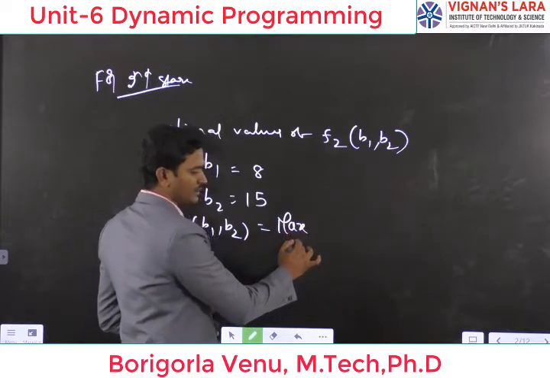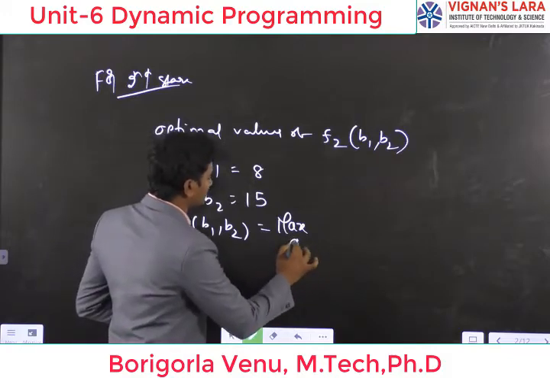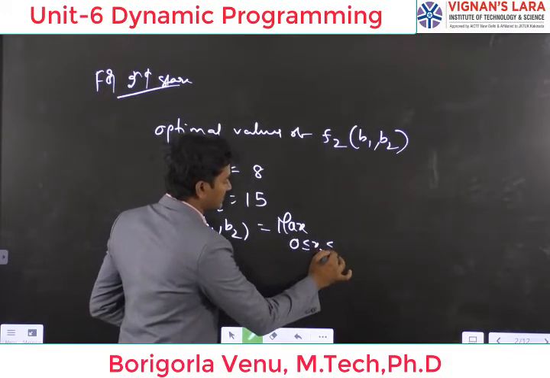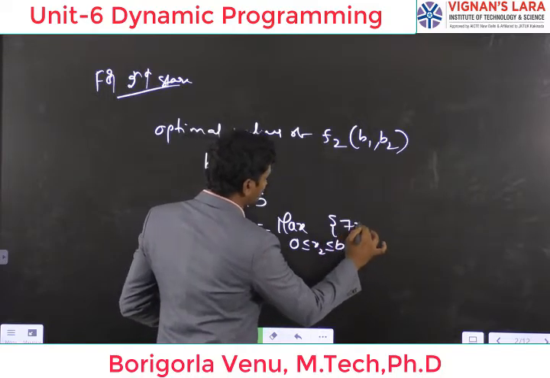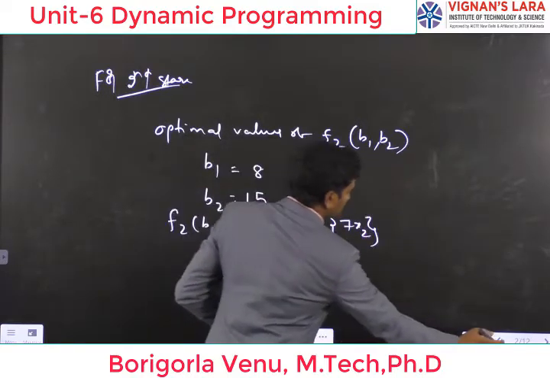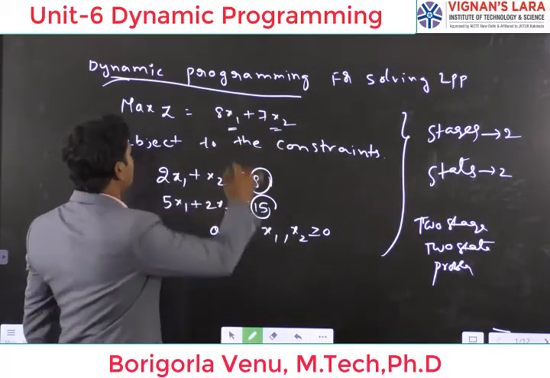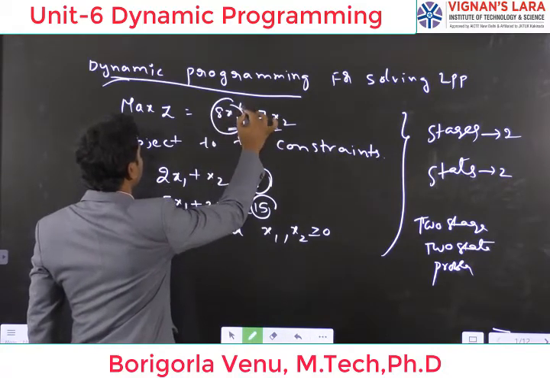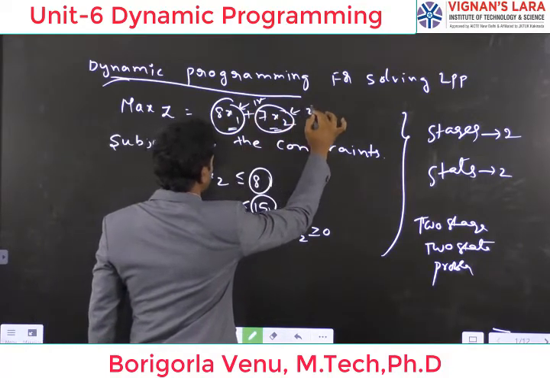Maximize, here we have taken for the x2 case, 0 less than or equal to x2 less than or equal to b, and 7x2. Why have we taken 7x2? In our problem we have 8x1 plus 7x2. So here the 8x1 belongs to the first stage and 7x2 belongs to the second stage.